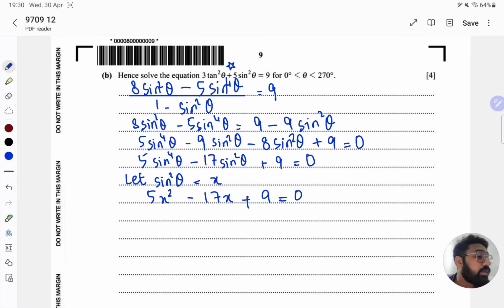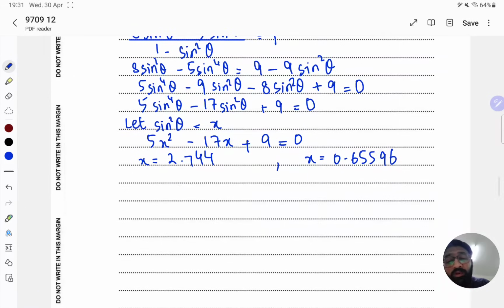Okay, so the two values of x that I have found are 2.744 and the other value of x is 0.65596. Now I know that sin square theta is equal to this value of x, which is 2.744, and sin square theta is also equal to 0.65596. I'll take the square root on both sides.